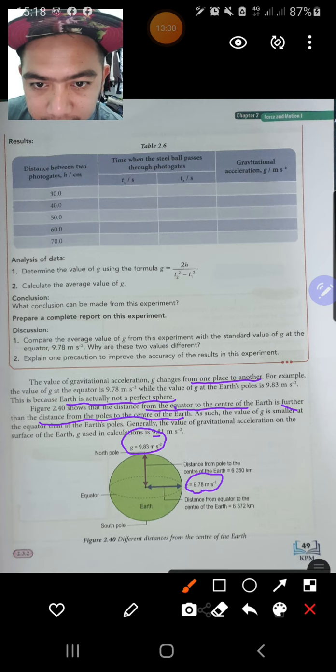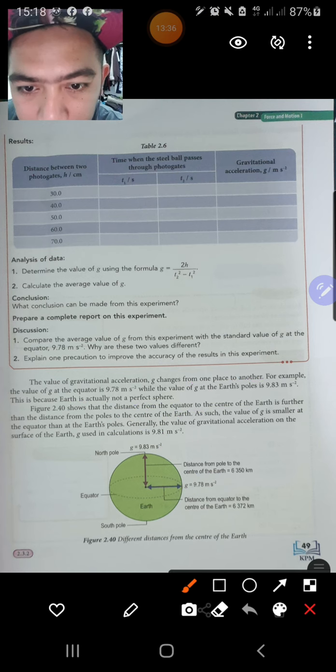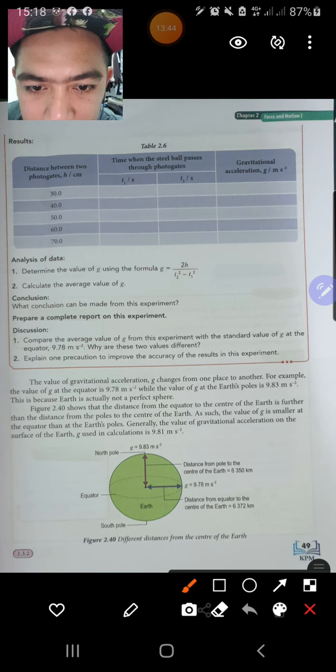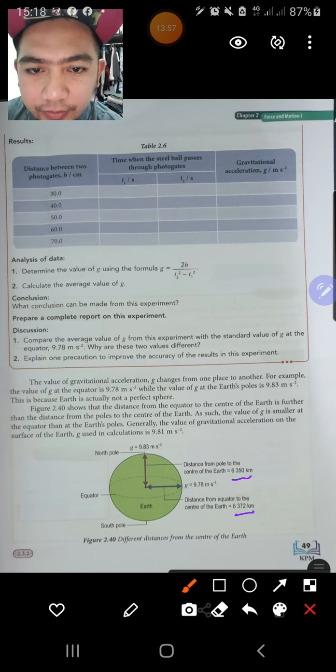Okay, why there is difference here? Because you tengok dia punya distance, right? We look at the distance at the equator here. Distance from equator to the center of the earth is 9372, while distance from pole to center of the earth is 9350.